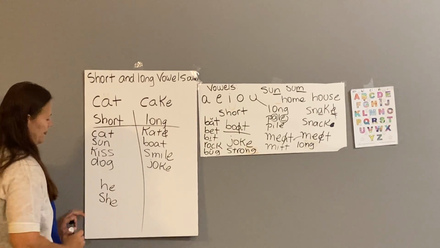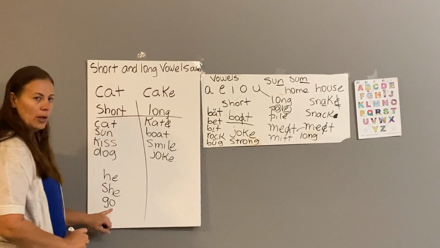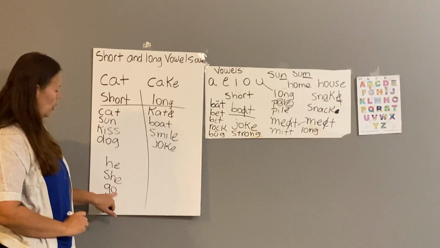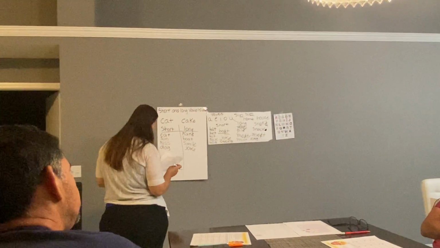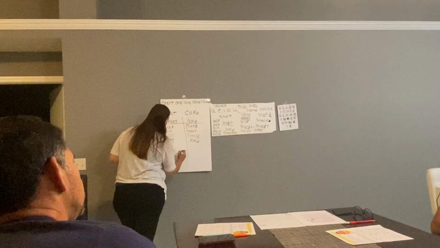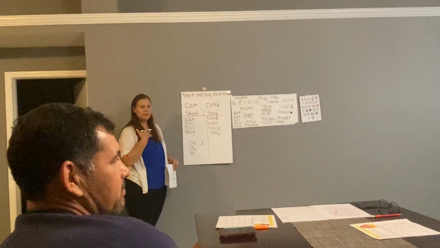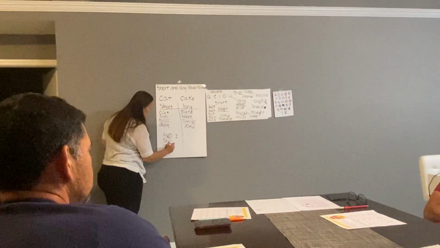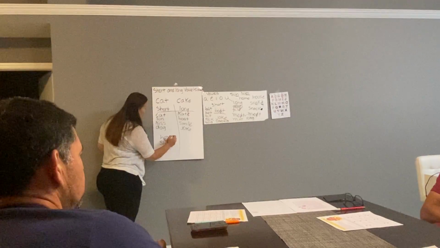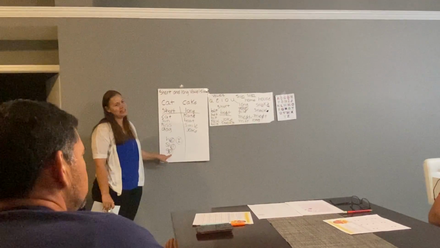What about this one? She. Go. You see O. I have more examples here. What about this one? To. The long. I. Okay? So whenever you see a vowel at the end, only one vowel in the word and it's at the end, we say it's long sound.